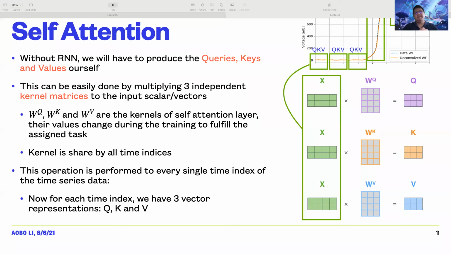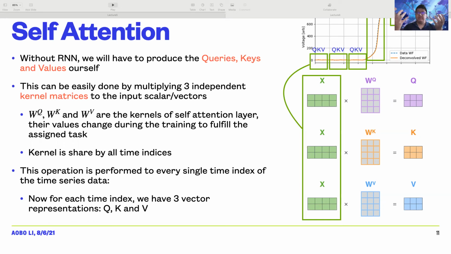Okay, so this second sub-module is mainly going to be about self-attention. As we mentioned in the last sub-module, without recurrent neural networks, we don't have intermediate hidden states or the last hidden state, which means we won't have our queries, keys, and values for the attention mechanism.